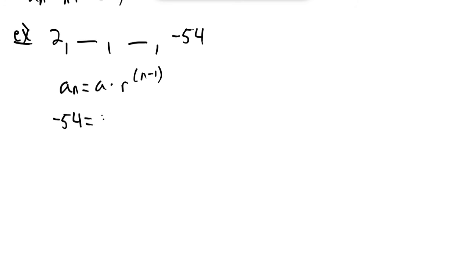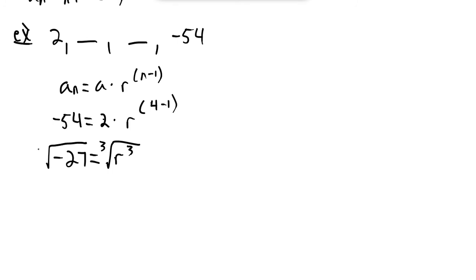Our starting term is going to be 2 times r. We don't know what r is, but how many terms do we have? 1, 2, 3, 4. So this is r to the 4 minus 1. We're going to divide by 2, so this gives us negative 27 is equal to r to the 3. How do we get rid of this 3 now? Well, we're going to have to take the cube root.